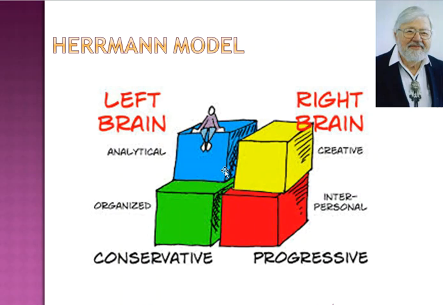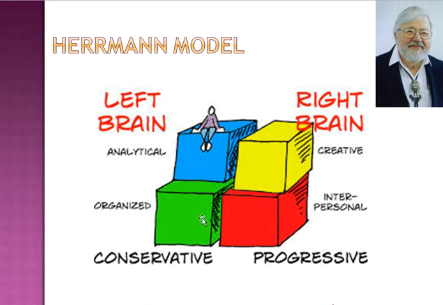The upper left of the brain is the analytical part, while the upper right is the creative part, which is the yellow color.